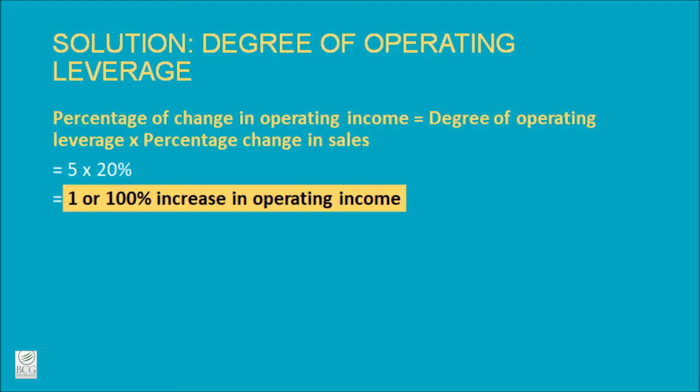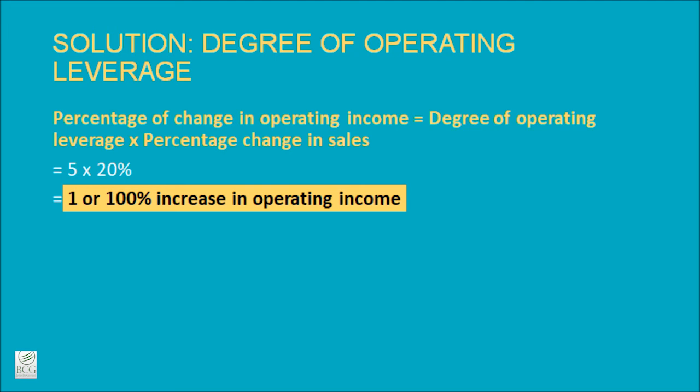We have here 5. So 5 represents the number of times the income will change if there is a change in sales, times the percentage change in sales, which is 20%, then we'll have a 100% increase in operating income. So if there's a 20% change in sales, we'll get a 100% increase in operating income. That is what the degree of operating leverage tells us.